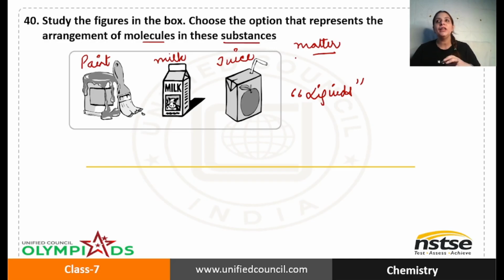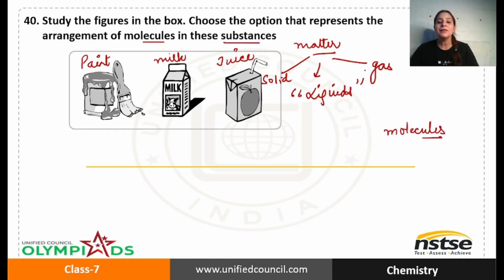And on the basis of physical properties, if you divide matter, we know that matter exists as liquid, solid, and also as gas. These are the 3 states of matter. All these states are formed of particles, or you can say molecules.